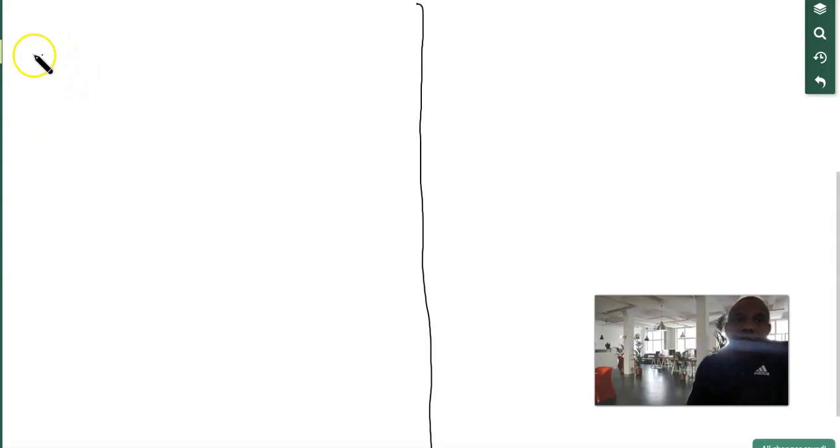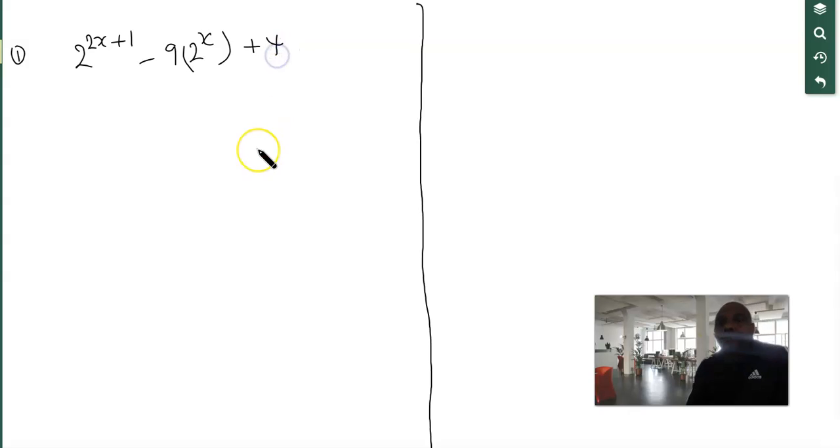The first equation, number one equation we had, was 2 raised to 2x plus 1 minus 9 raised to 2x plus 4.